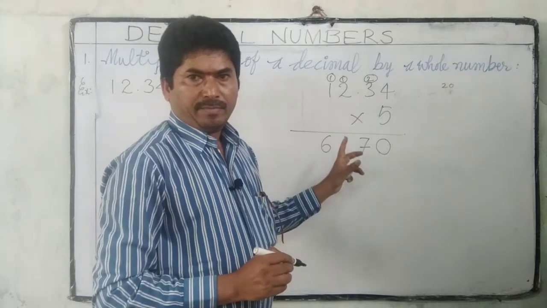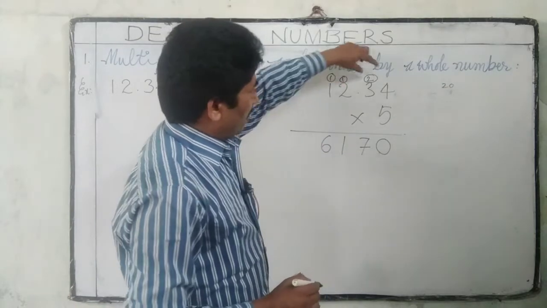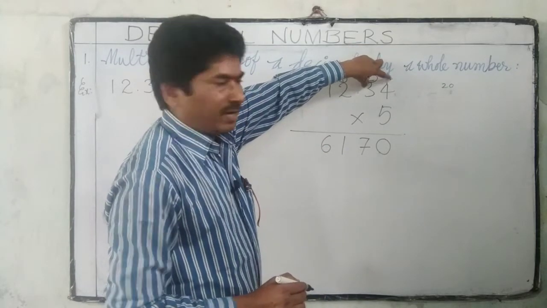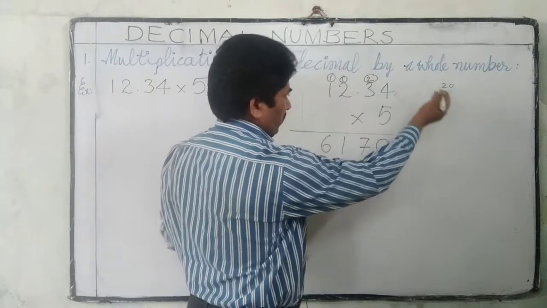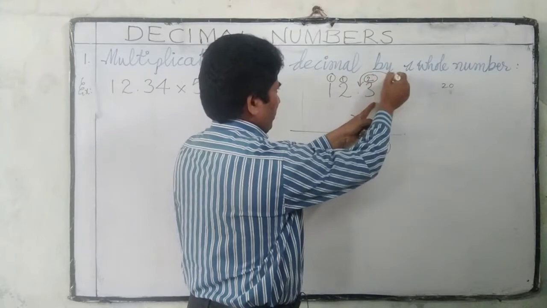After finding the product, we have to count the decimal places in this given decimal number from right to left. Here we have 2 decimal places.